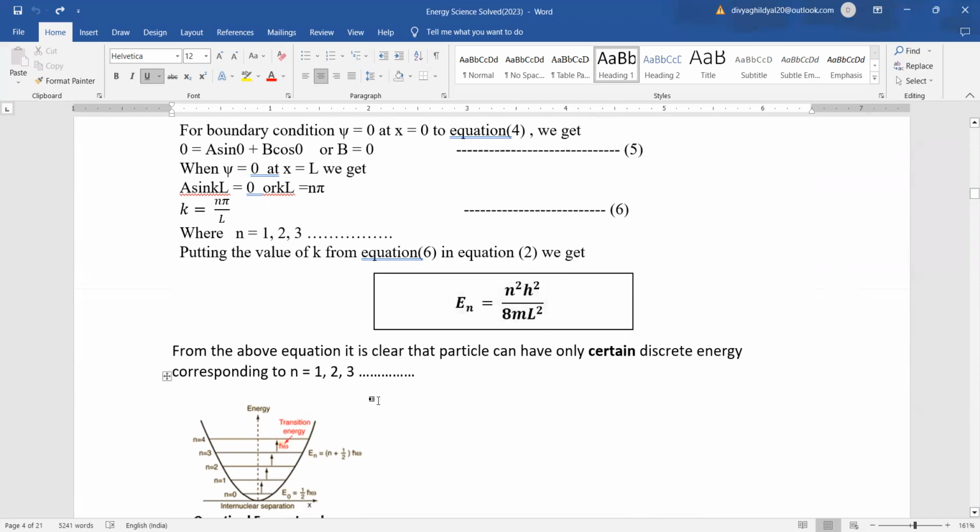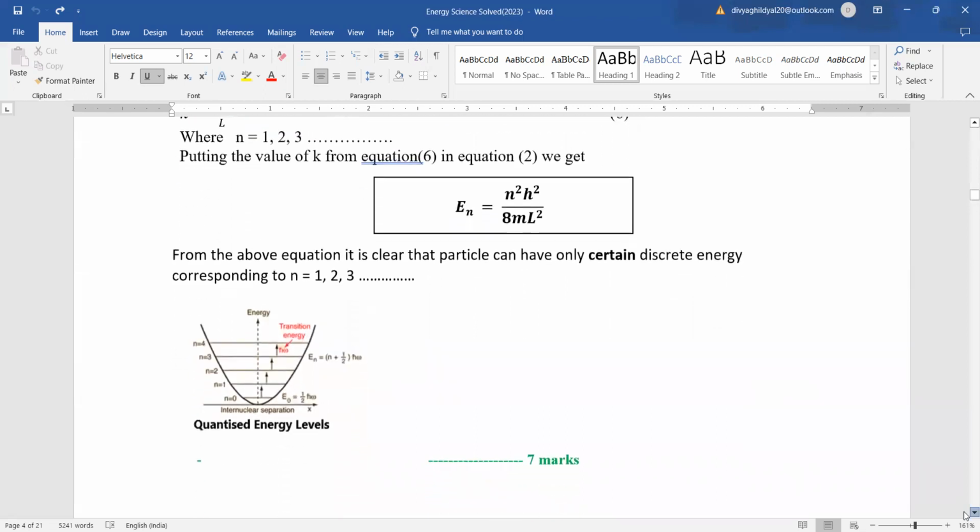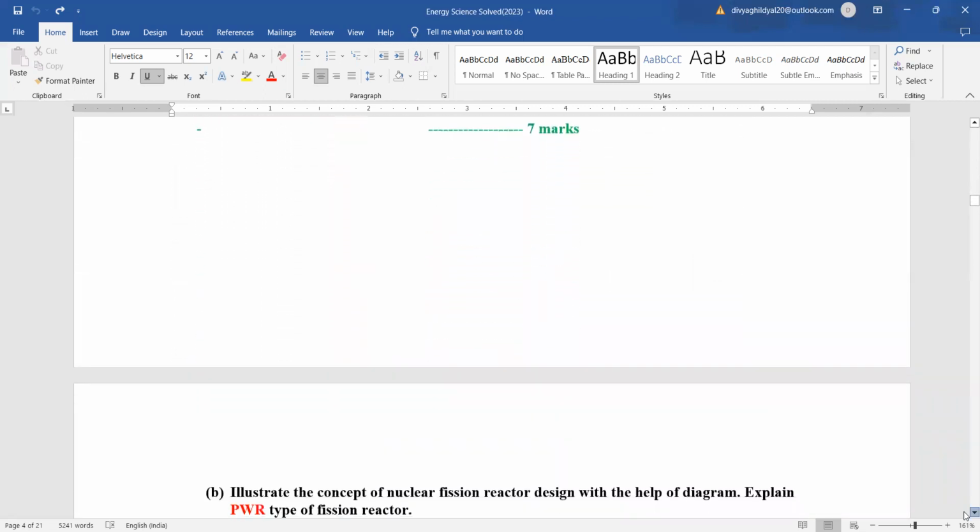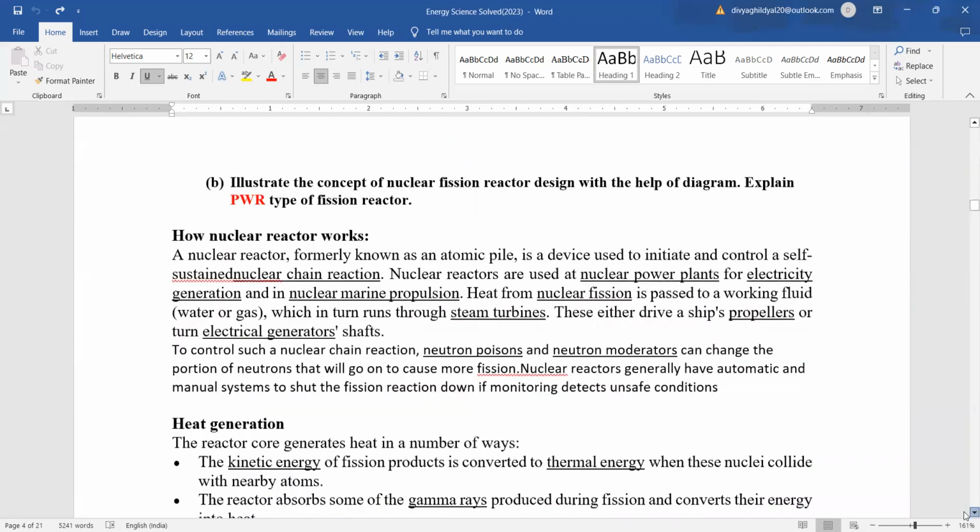From this equation, it is clear that the particle can have only certain discrete energy levels corresponding to n equal to 0, 1, 2, 3, etc. So this is how the breakup of your marks will be for the 10-mark question.